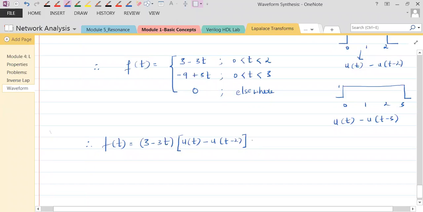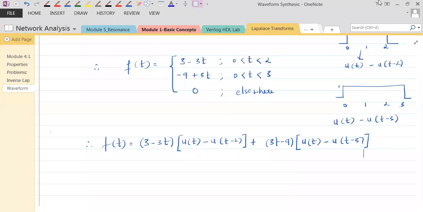Similarly, the second signal is, let's write, 3t minus 9. So this is ranging from 0 to 3. How to make it range from 0 to 3 using a unit step function? By multiplying this function by u of t minus u of t minus 3. So this is how we get the function f of t into the required form.